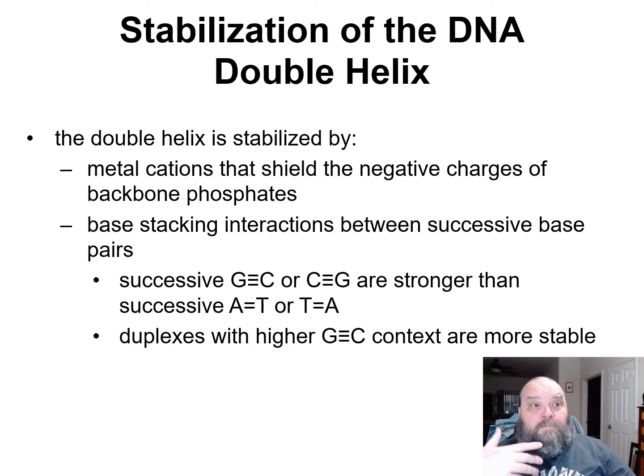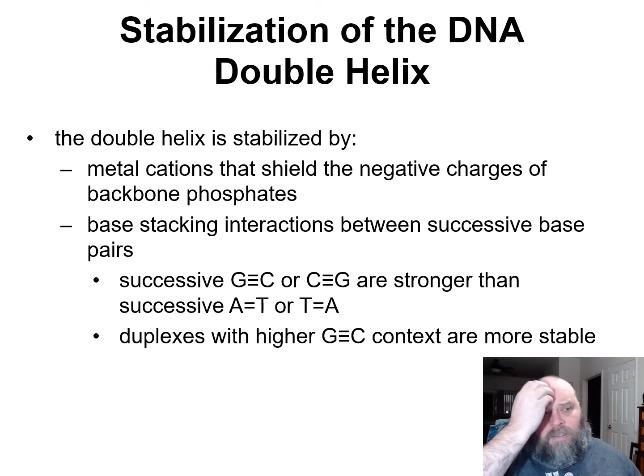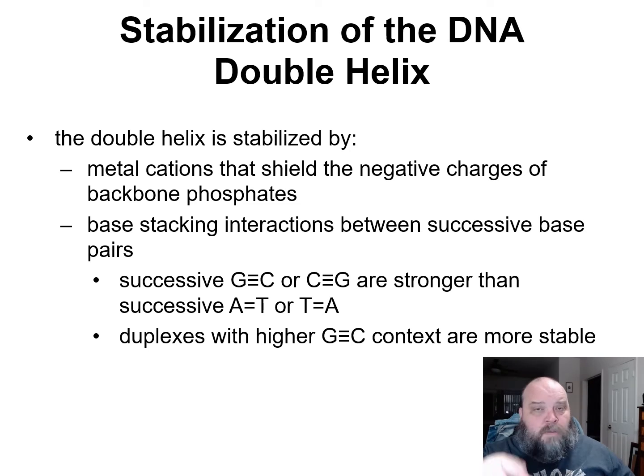From a biologist standpoint, from somebody who's done a lot of genetics work, they're sitting there saying, okay, it's the sugar phosphate backbone. The sugar phosphate backbone's going to be the same, because it's the same sugar, it's the same phosphate group, forming the same phosphate-ester bond. The difference is going to be in the middle of the double helix, where you have the nitrogenous bases.